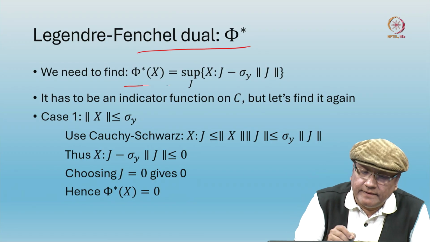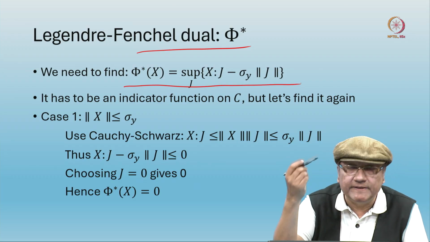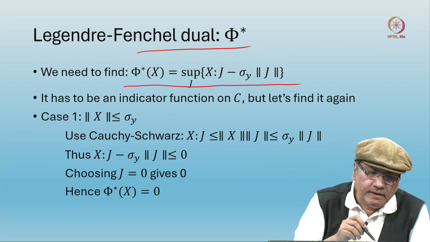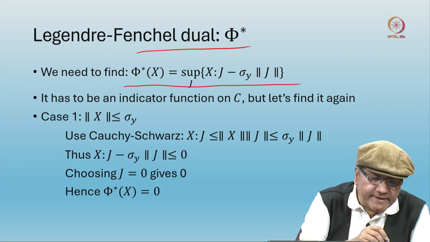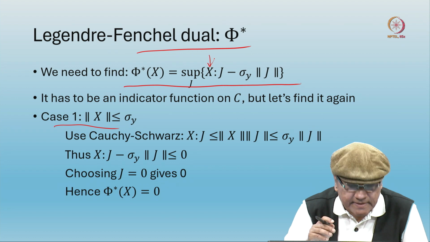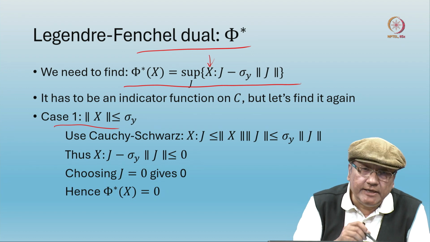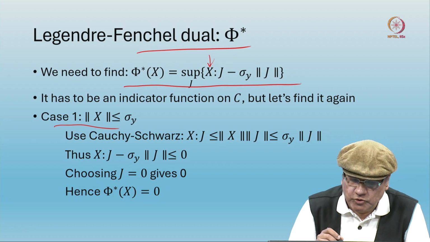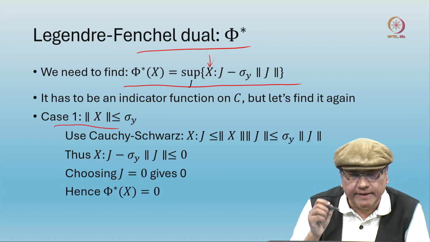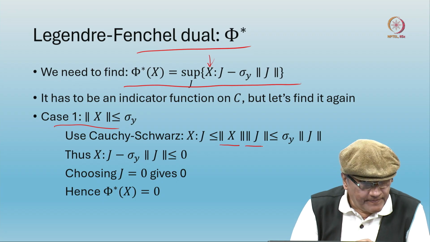So recall again phi star of x. Let us do it again. The basic definition of phi star, to start with. In case 1, let us say that the thermodynamic force x has norm less than or equal to sigma y. Now use the Cauchy-Schwarz inequality: the inner product of x and j is less than or equal to the norm of x times the norm of j.